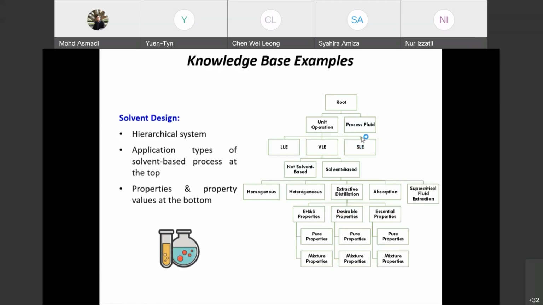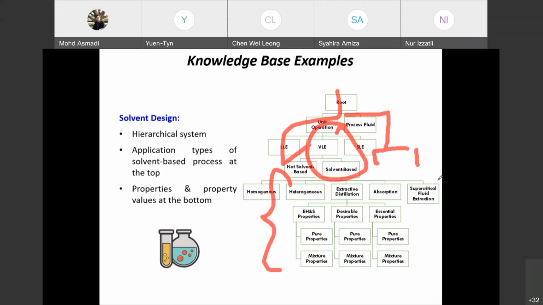Solvent, this one, application type of the solvent base. And at the bottom is mostly temperature and pressure, more to the properties. So this is like a flow chart or tree diagram, right? This one.